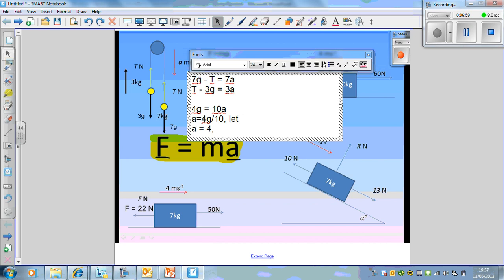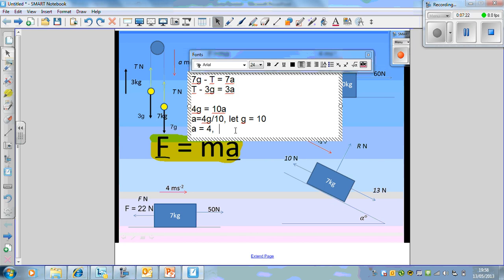so let's say let g equal 10. Okay, usually in the question it's 9.8. I'm just saving myself the task of getting a calculator out. Now, if we substitute a is 4 back into one of these equations, we'll figure out the tension. So if a is 4, let's do it into the top one.